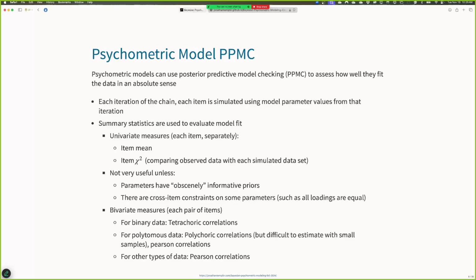But where we see model misfit is in how well a model describes the correlation between a pair of observed items. Oftentimes, a model might think that's too big or too small, and that's indicating to us that something else is missing from the analysis itself, whether we misspecified a Q matrix or whether there's some other dependency in the data that we're not recognizing. All of that's important information.